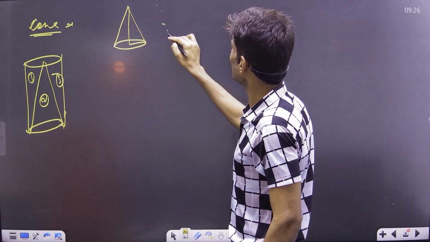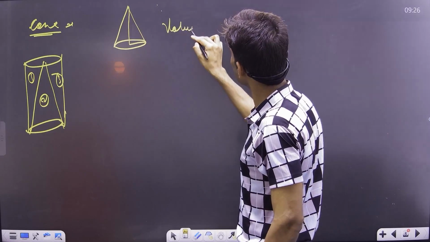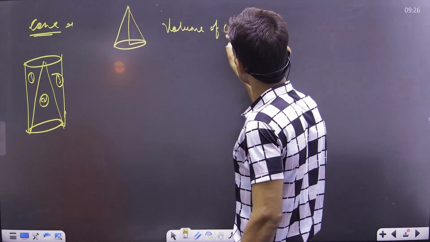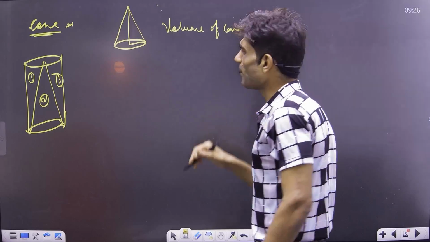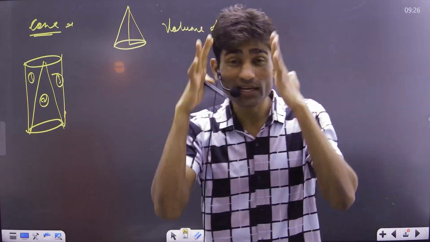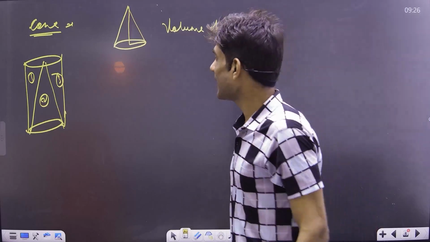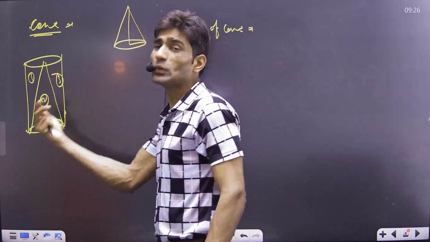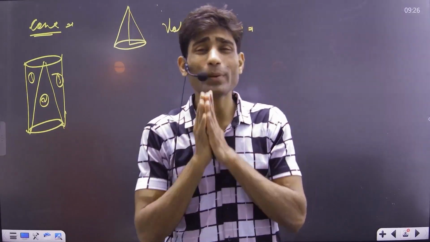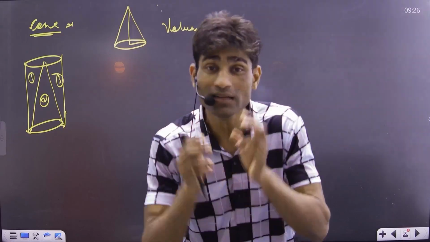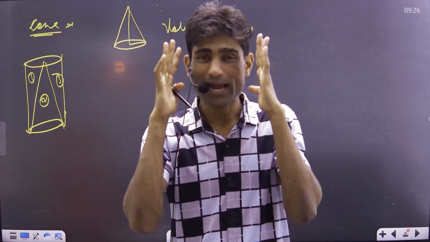That means the volume of a cone is one third of the volume of a cylinder.